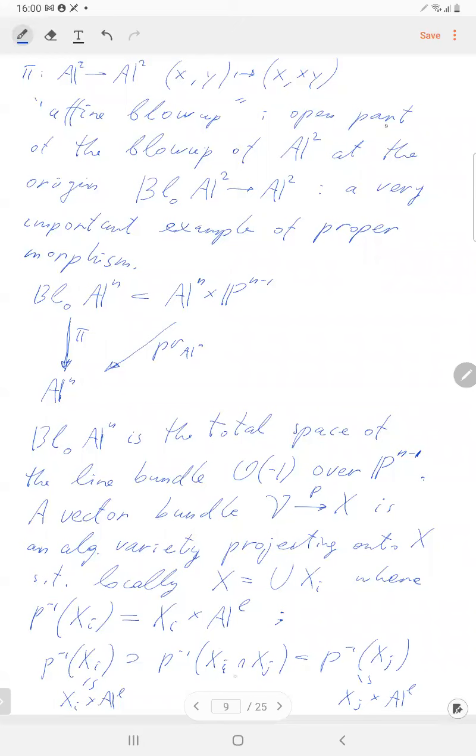Oh, unfortunately, I must move to the next page. So sorry about this. So the preimage of X_i intersect X_j is isomorphic to X_i intersect X_j times A^l, but in two ways.